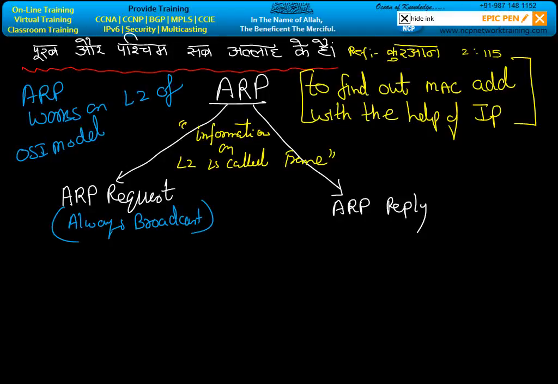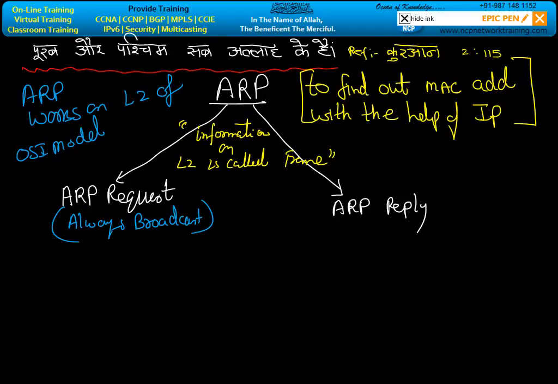A MAC address is a 48-bit binary number, or a 12-character hexadecimal number when represented on a network device. With the help of the ARP request, we can find out the MAC address with the help of the IP address.